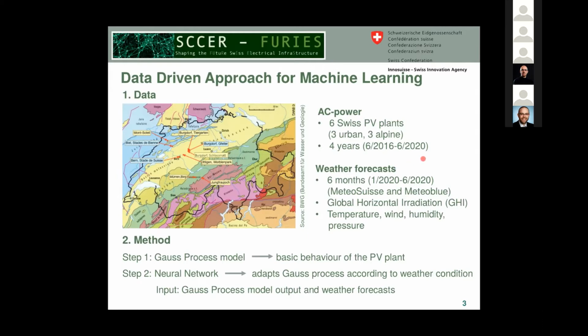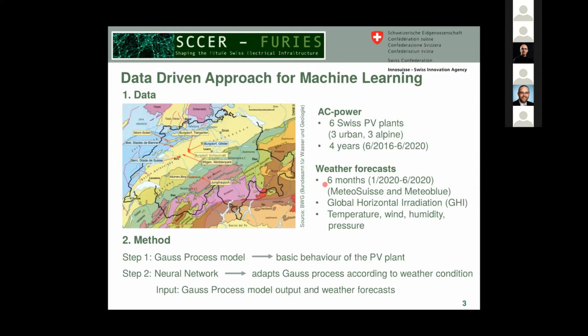Additionally, we recorded since the beginning of the year weather forecasts from 2 providers of numerical weather forecasts, namely Meteo Suisse and Meteo Blue. I need to say, unfortunately, we have not been able to get historical, meaning past data before that date.